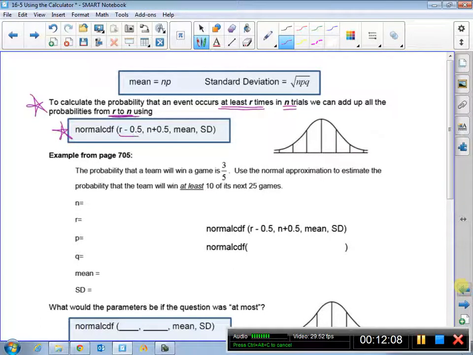Exactly what I wrote: the r value minus 0.5, because we have to go a little bit to the left so we know that the portion is included. And n plus 0.5, for the same reason, we go a little farther to the right of n, a little farther to the left of r. The mean is calculated by multiplying n times p, and the standard deviation is the square root of npq.